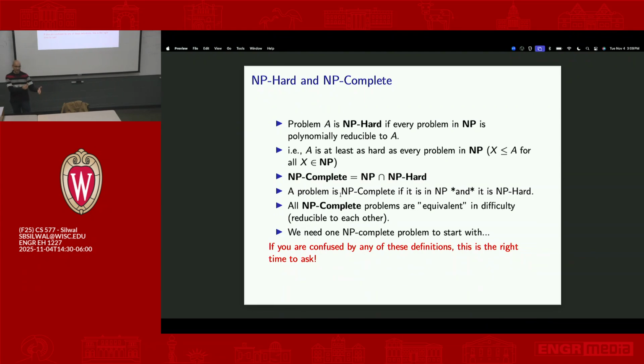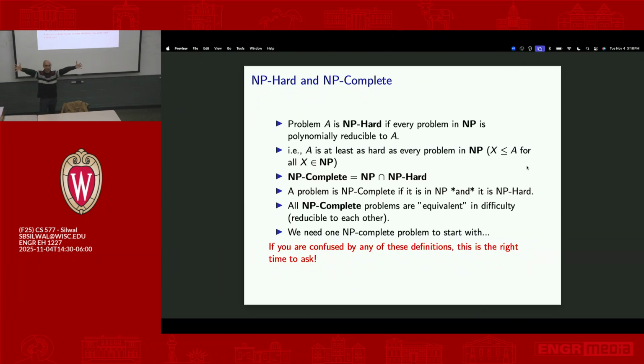That's one property. The other property is for every other problem in NP, they're reducible to that problem. So in some sense, these are the hardest problems in NP. A problem A is NP complete if for every other problem X in NP, X is reducible to A.